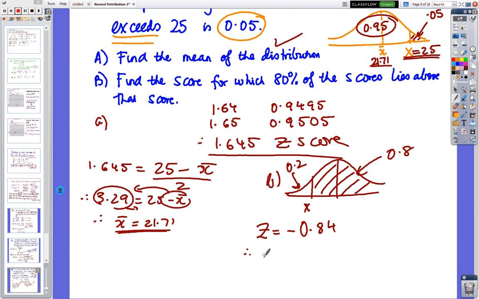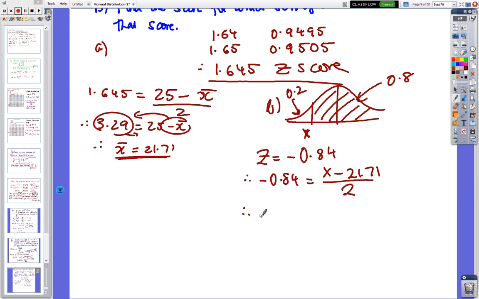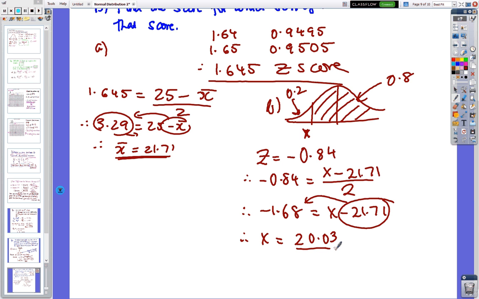So negative 0.84 equals the score that we're trying to find minus the average over the standard deviation, and then just multiply by 2. 0.84 times 2, so minus 1.68 equals x minus 21.71, and then add that to that side. So that score is 20.03.